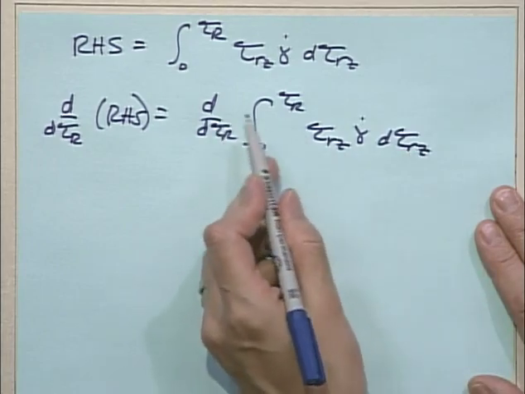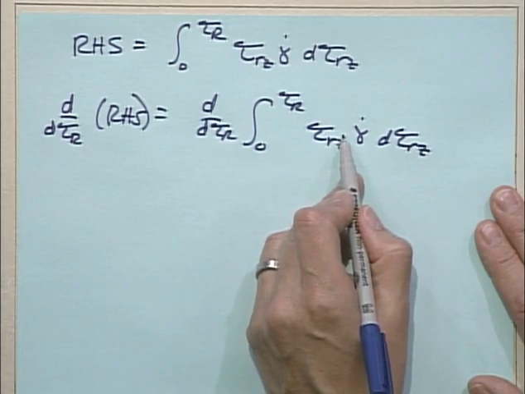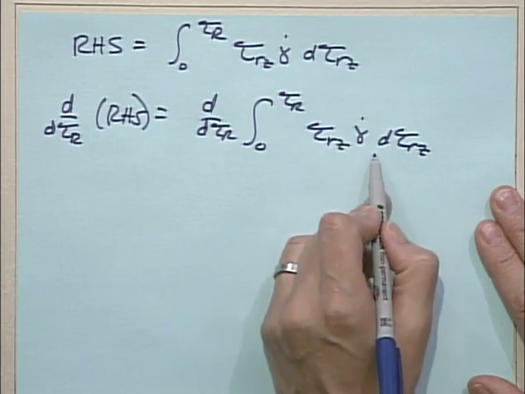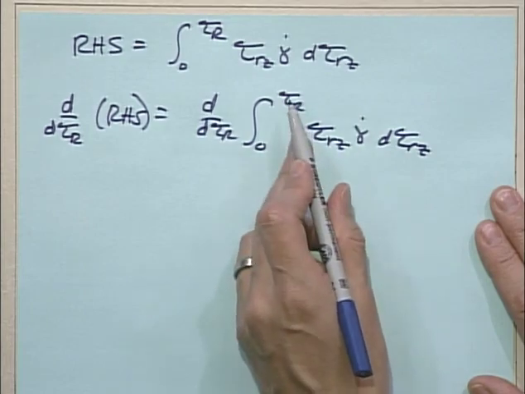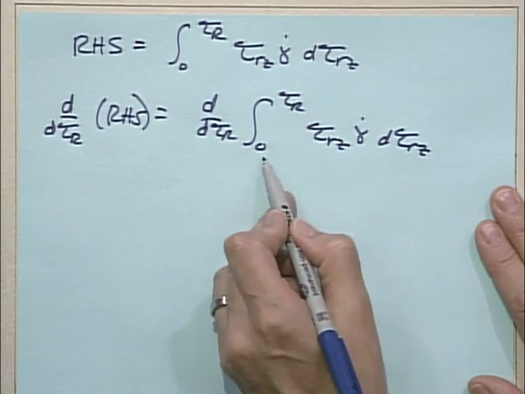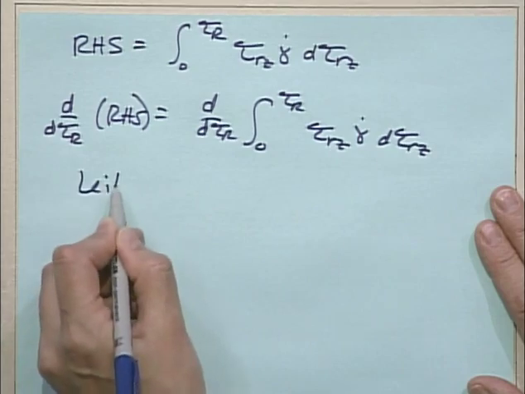It says bring this in as a partial derivative, and then take what's being integrated, evaluate it at the upper limit, and multiply by the derivative of the limit, minus what's inside evaluated at the lower limit times the derivative of the limit. So that's Leibniz rule.